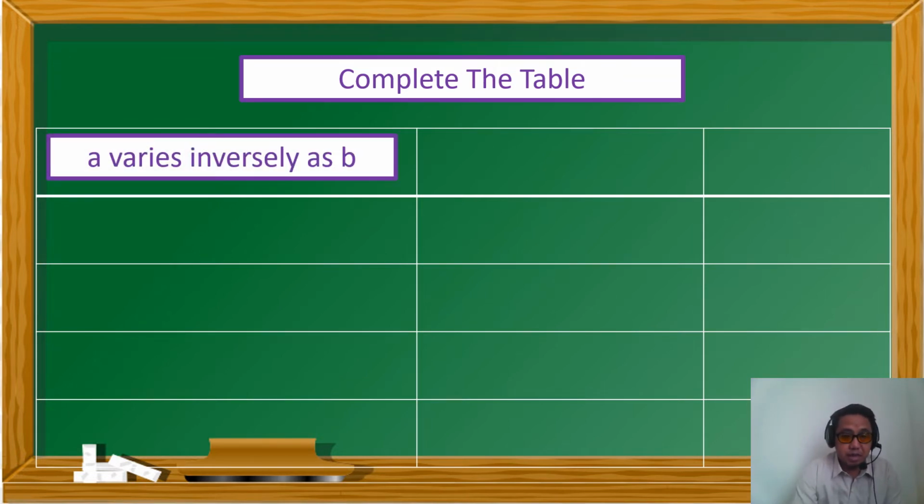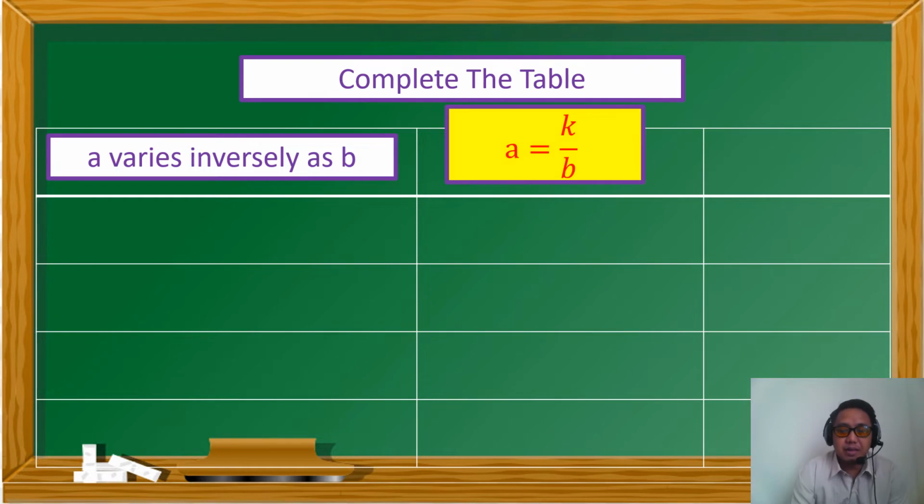Given A varies inversely as B, and we write it in mathematical sentence, you should have A is equal to K over B. Kung kaya mo sagutin, post mo muna yung ating video.